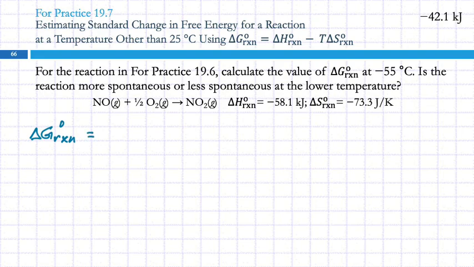So delta G is going to be delta H, negative 58.1 kilojoules. Well, we're going to need to put that in joules anyway, so we might as well just do it right now. Times 10 to the 3 joules. Minus the temperature.